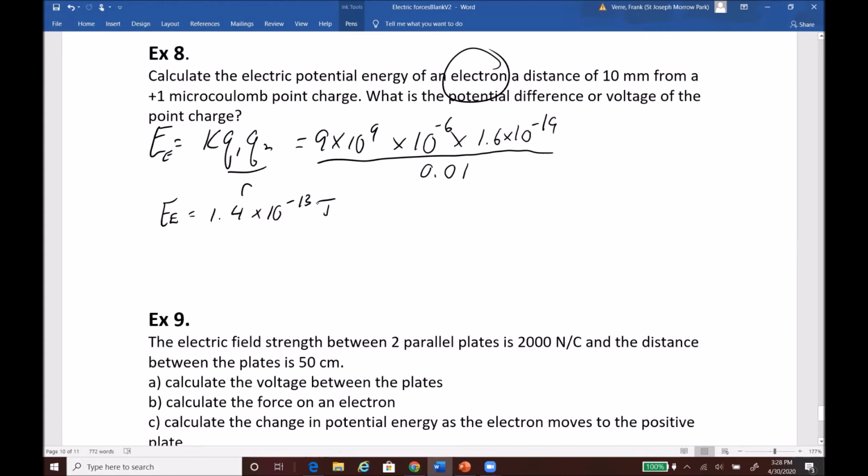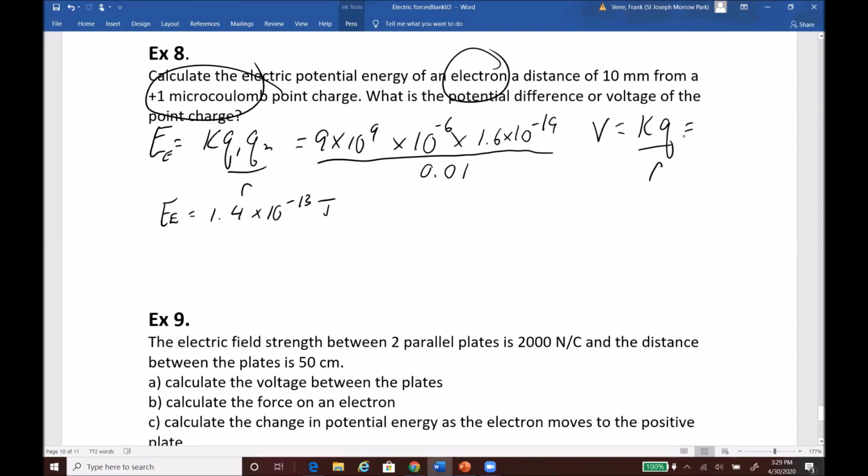The voltage, if you remember, was calculated as k times the charge of the point source, in this case this one, over r.